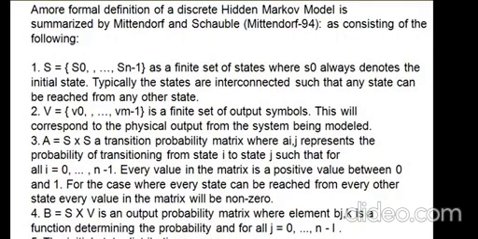B is an output probability matrix where element B of j comma k is the function determining the probability, for all j equal to 0 to n minus 1. Simply, the B matrix represents output probabilities.